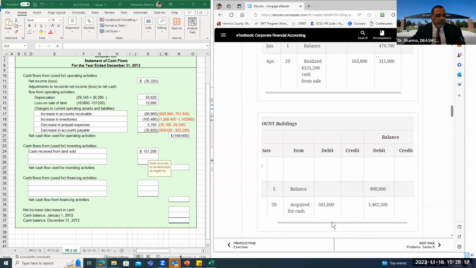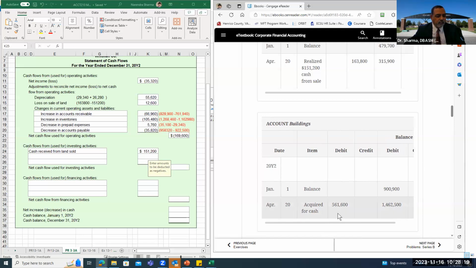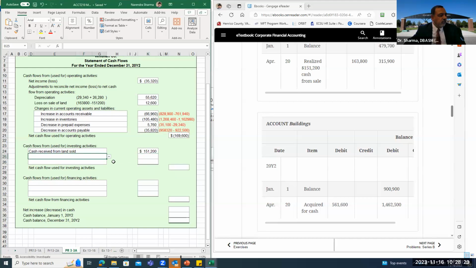In the building case, we are given acquired for cash. Acquired means purchase. So cash paid for acquisition of building, and it has to be taken as negative figure 561,600. Okay, that will be taken care of.